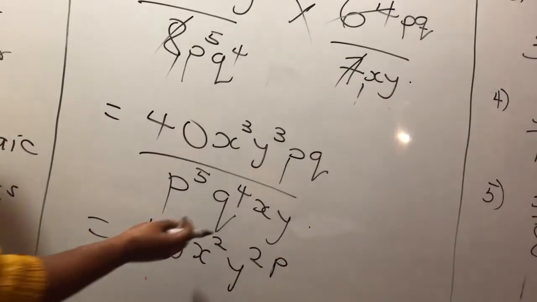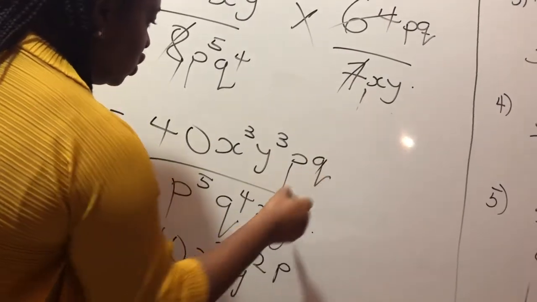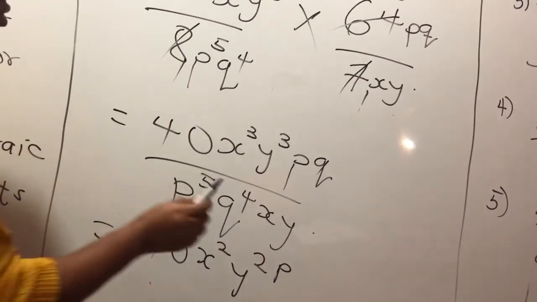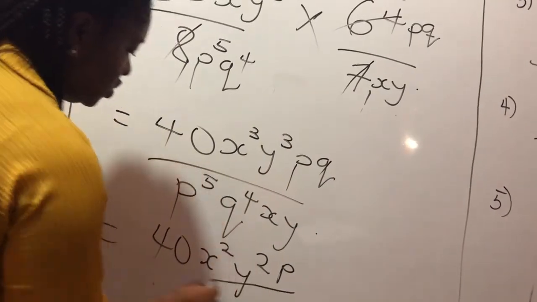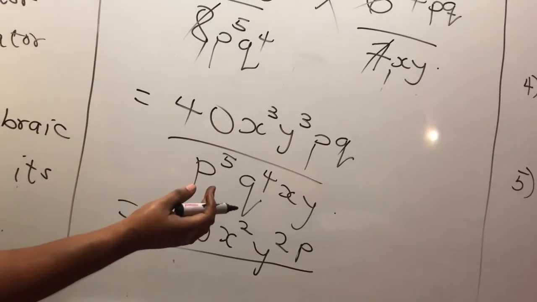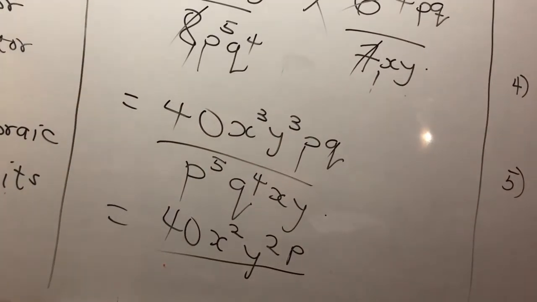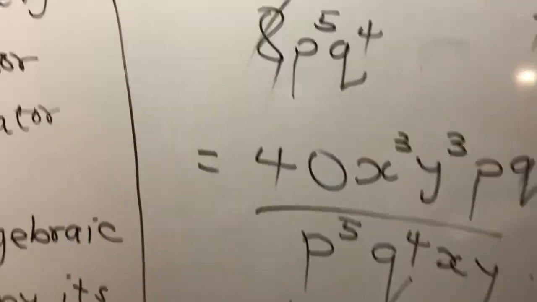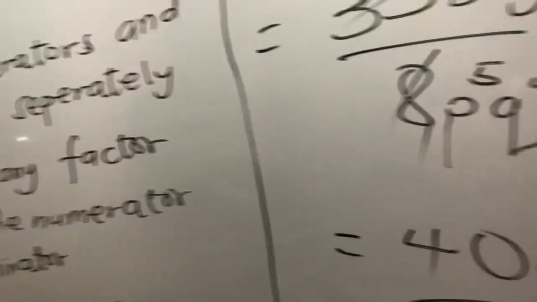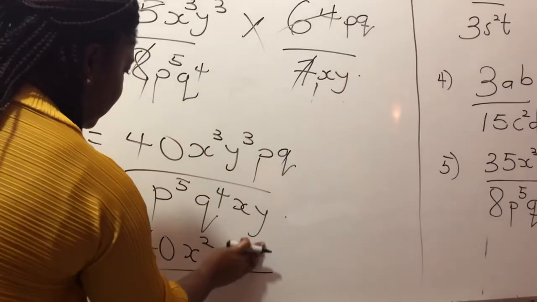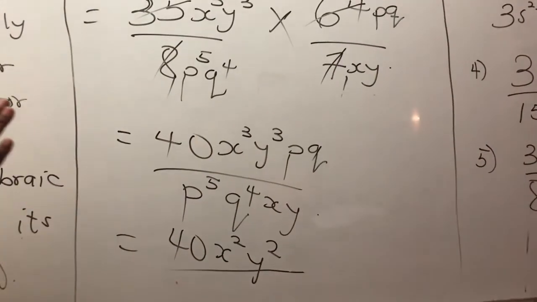Is there a q down here? Yes, there is a q. So this q will be taken from these 4 q's here, leaving us with 3 q's here. Sorry, this p doesn't come, and this q also doesn't come, alright?